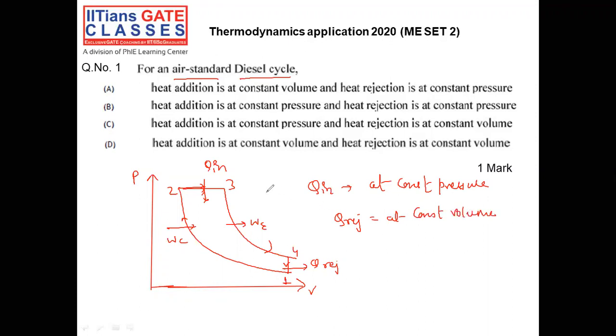So regarding question number 1, option C is correct: heat addition is at constant pressure and heat rejection at constant volume. Whereas we have seen in the Otto cycle, heat addition happens at constant volume and heat rejection also happens at constant volume. That is the basic difference between the diesel cycle and the Otto cycle.